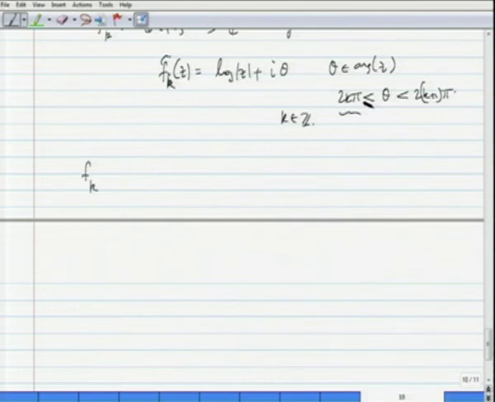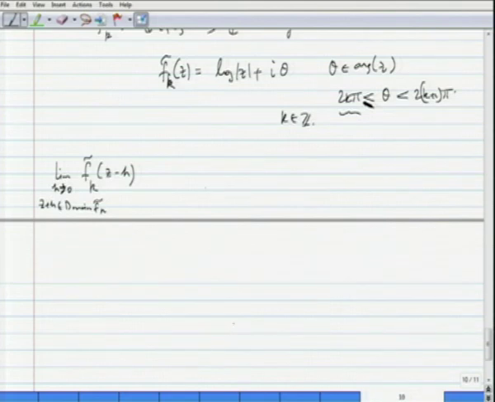f_k tilde of z minus h, the limit as h goes to 0, h having z plus h belonging to the domain of f_k tilde.